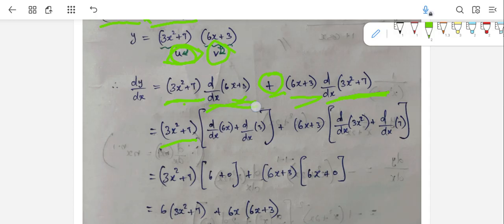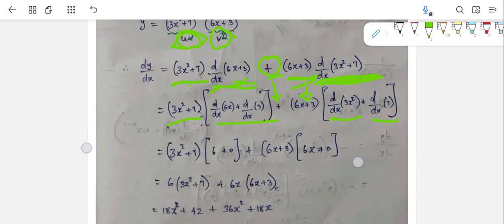So when you differentiate 6x plus 3, again you can split it up, d by dx of 6x plus d by dx of 3. Plus here it will be 6x plus 3 as it is. You can keep again here 3x squared plus 7. You can split, and this one you know, from that 14th formula, d by dx of 3x squared plus d by dx of 7.